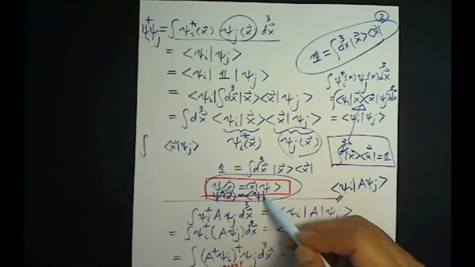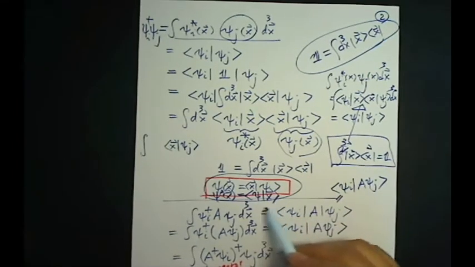Its complex conjugate is just a flipped order. This is a complex conjugate. This is a number.